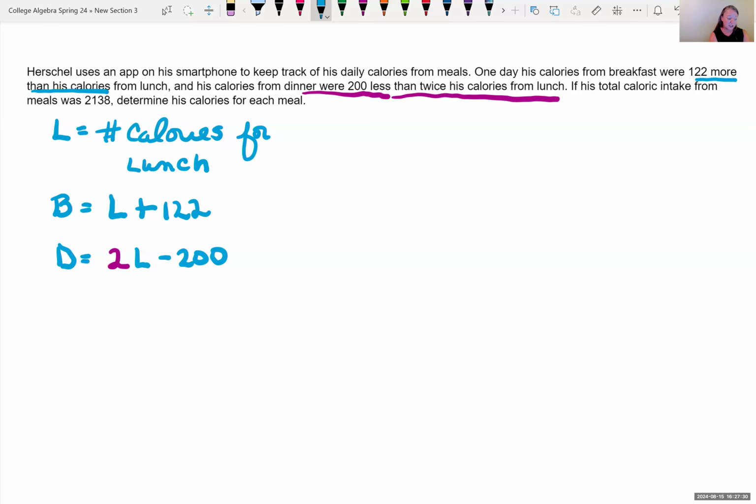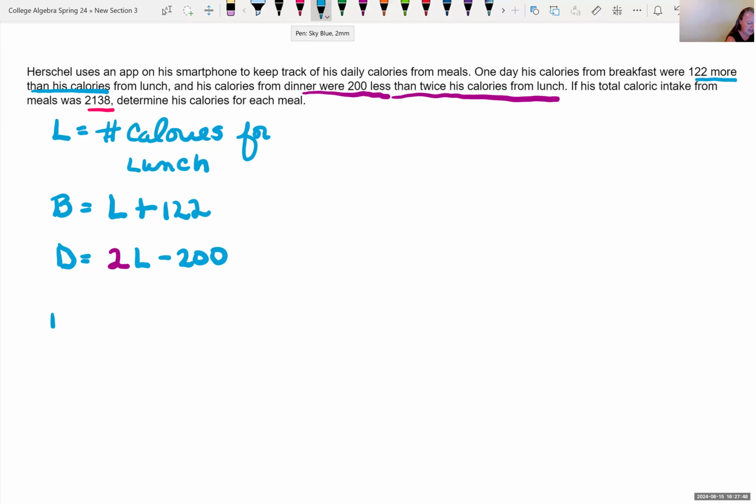So to set up the equation, we're going to sum the calories for lunch, breakfast, and dinner, and we know that sum was 2,138. And I'm going to express each meal in terms of my number of calories for lunch.